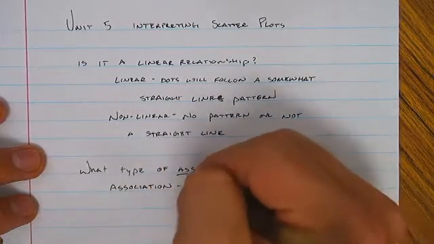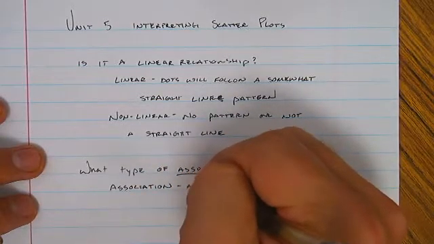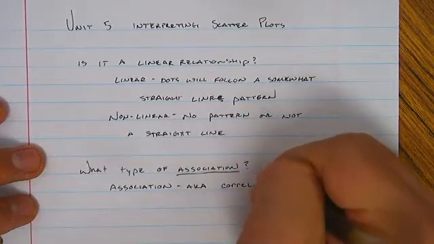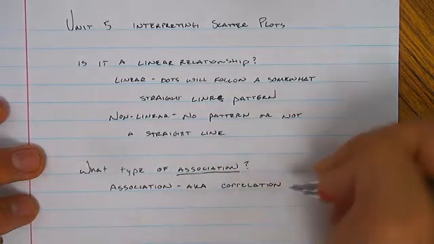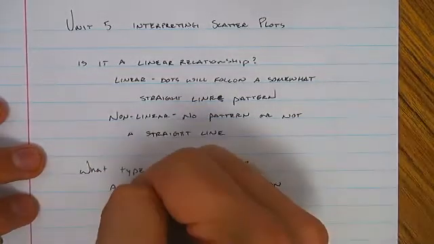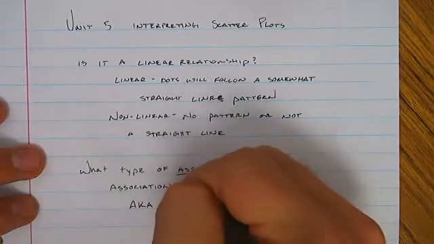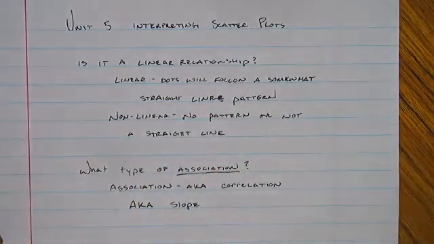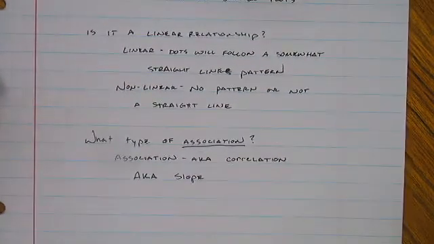So association, aka correlation, aka slope. So what kind of association, what type, and we're talking about really the slope of the graph.